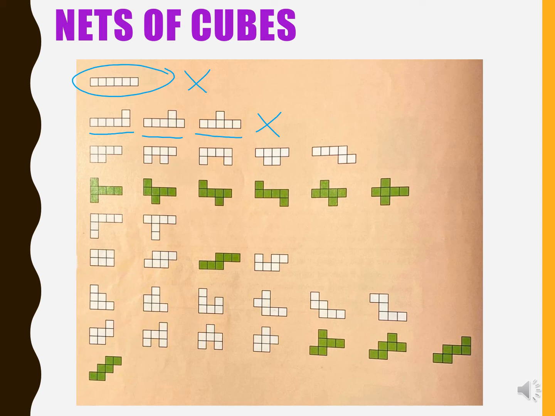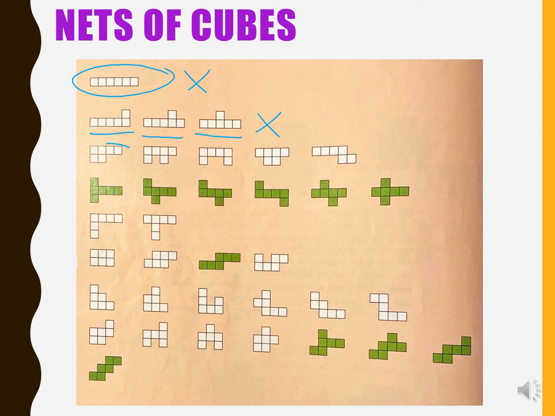And then if I put it like this, with 4 squares put together, and the other 2 squares on one side.